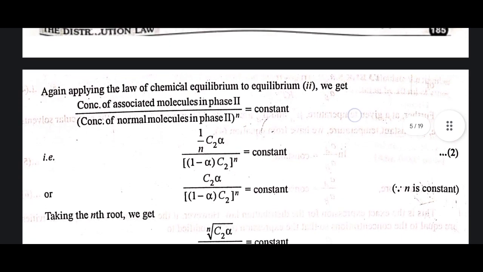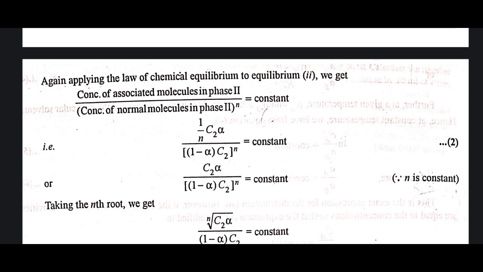Again applying the law of chemical equilibrium to equilibrium 2, we get the concentration of the associated molecules in phase 2 upon the concentration of normal molecules in phase 2 raised to the power n is equal to constant, that is, (1 upon n) C2 alpha divided by ((1 minus alpha) C2) whole raised to the power n is equal to constant. This is equation number 2.